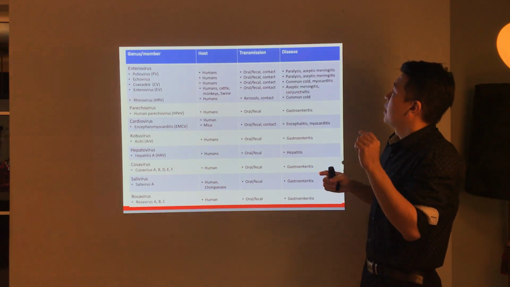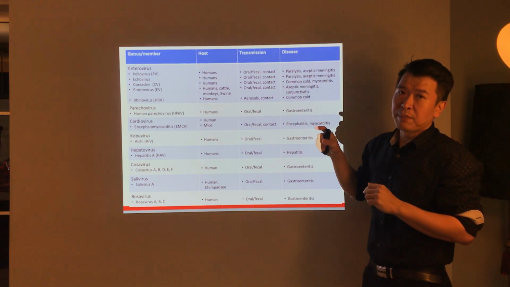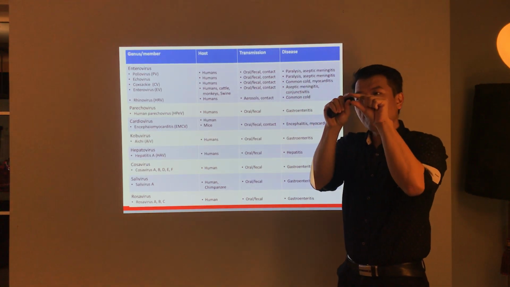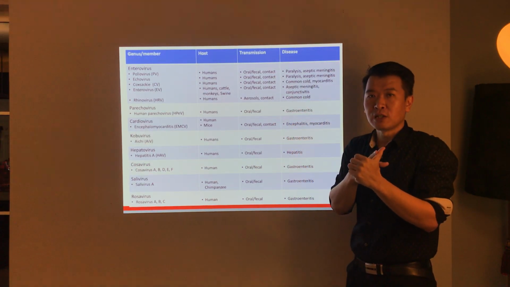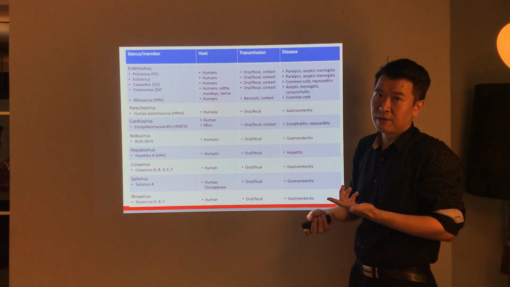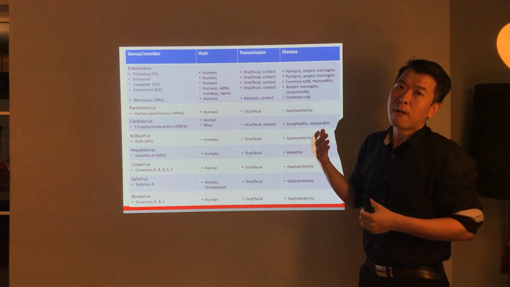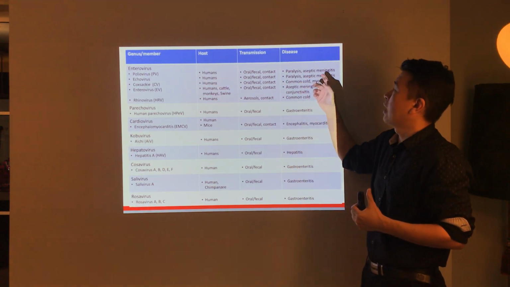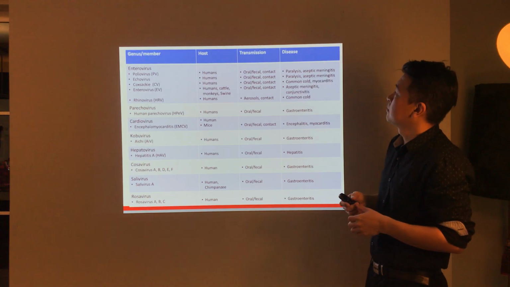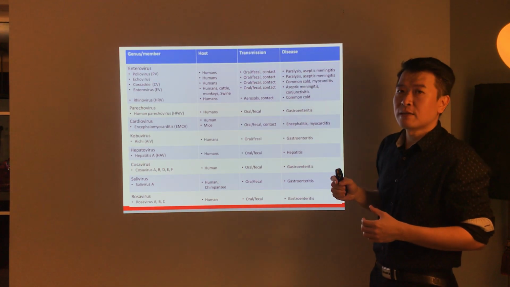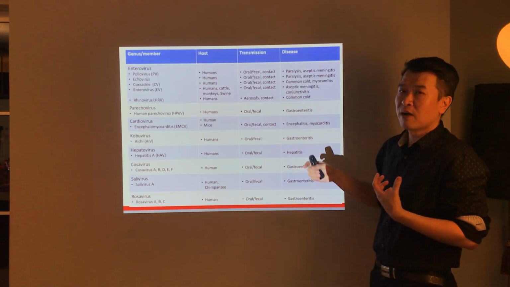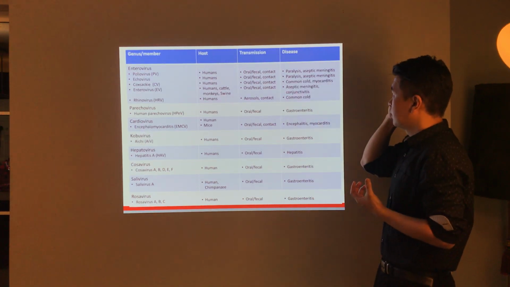Okay? And what does aseptic mean? Inflammation of this layer of membrane can be caused by bacteria and can be caused by virus. So when it is caused by virus, it's called aseptic meningitis. Right? Myocarditis means inflammation of the heart muscles.